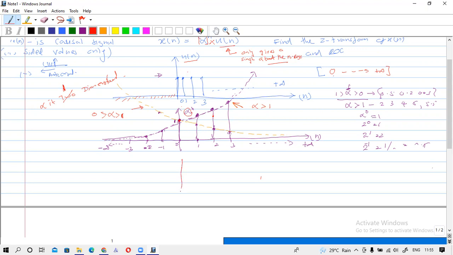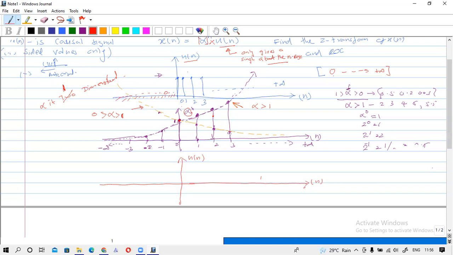What is the resultant signal I get? You can see that for un there is no sample on the left, all are zero.